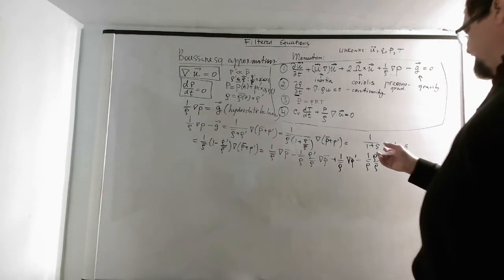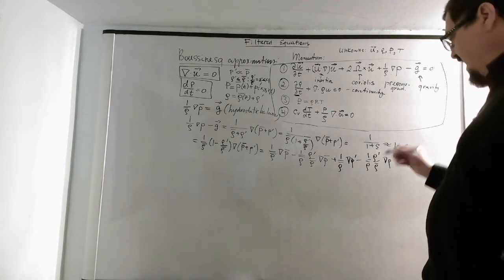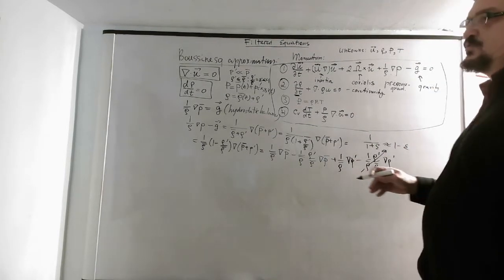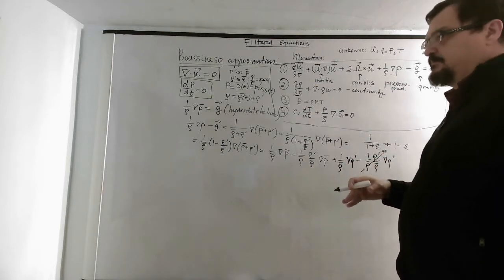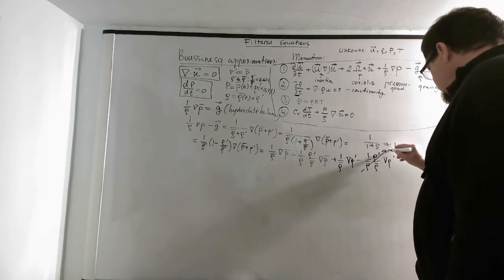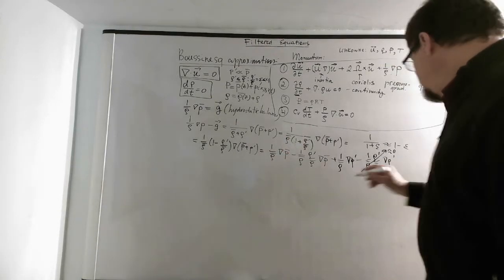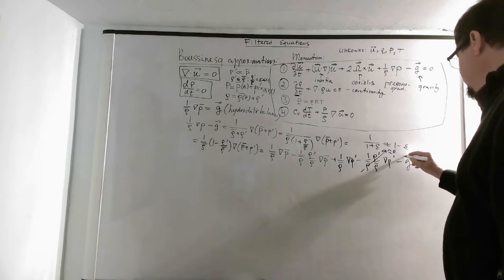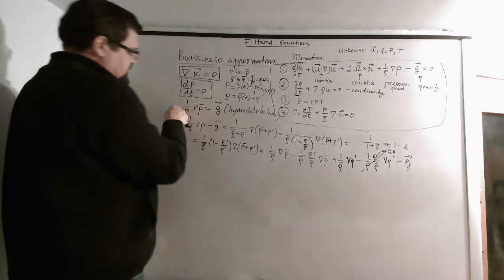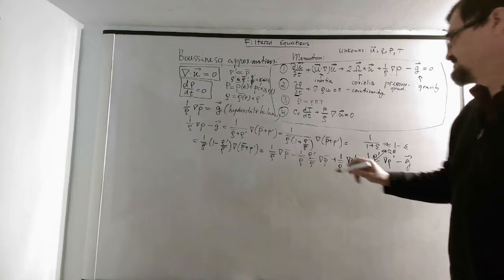Okay, so because these are small, we won't consider products of primes. It's called linearization. Basically you ignore all these products of perturbations, so it's approximately 0. Get rid of it. Now let's write the minus g. The hydrostatic balance equation is this term and this term, so they will cancel each other out.